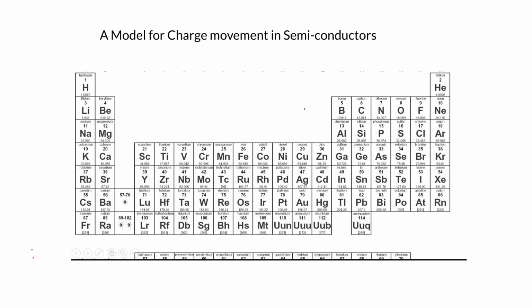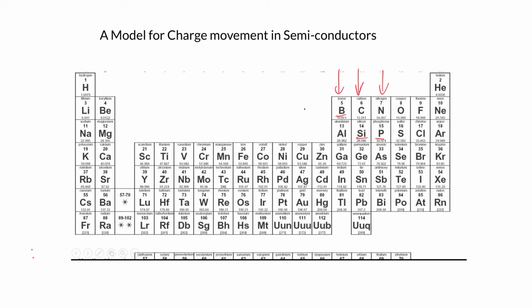What we're looking at here is a model for charge movement in semiconductors. An intrinsic semiconductor is one that has basically all one type of atom in it, and we predominantly look at it as an intrinsic semiconductor. You can see silicon belongs to this row and this column, and next to it we have boron, and the ones next to that are common ones used in semiconductors.